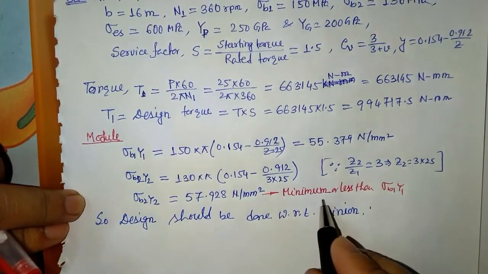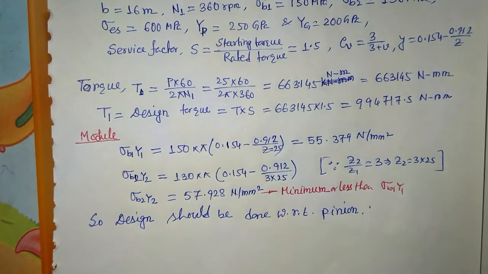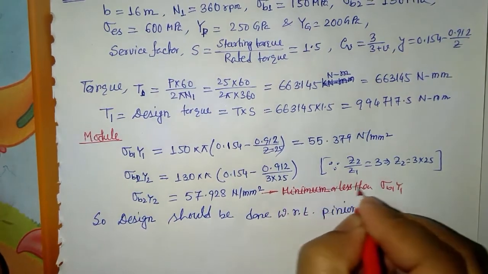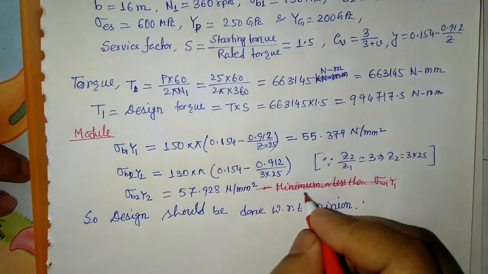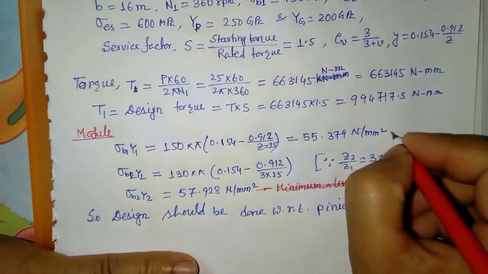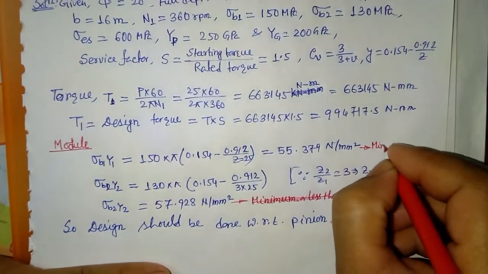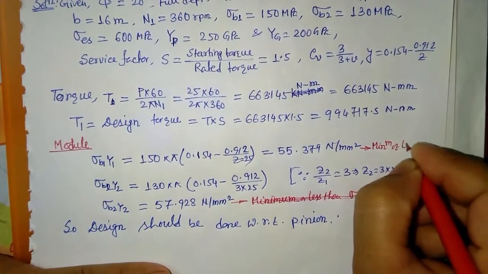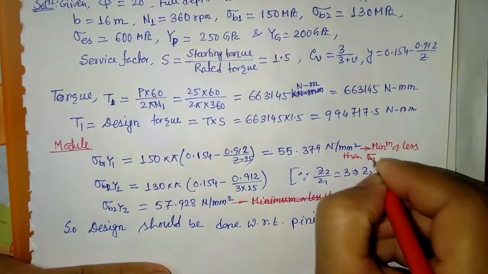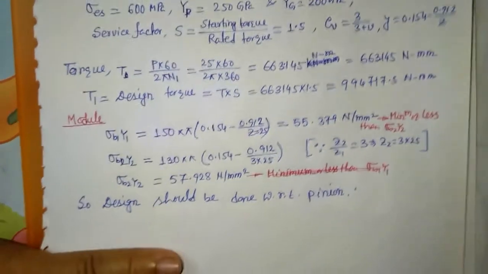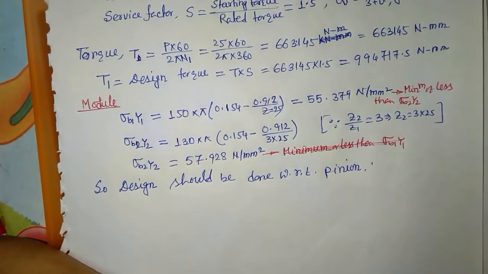Sorry, I have written it by mistake. This value is the minimum, or less than sigma b2 y2. Okay, so that's why the design should be done with respect to the pinion.